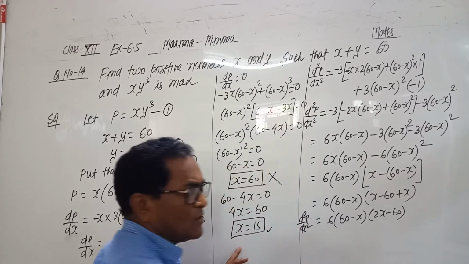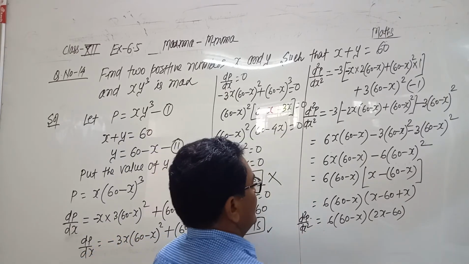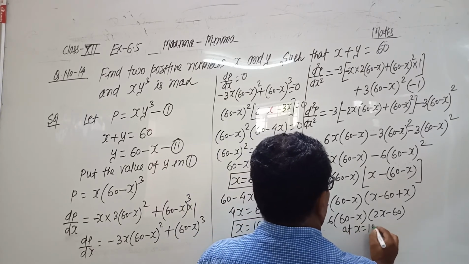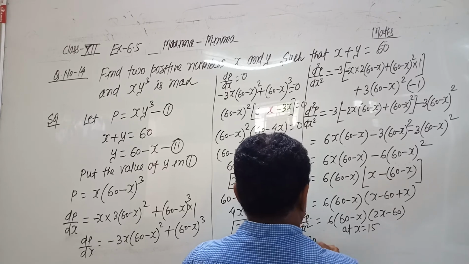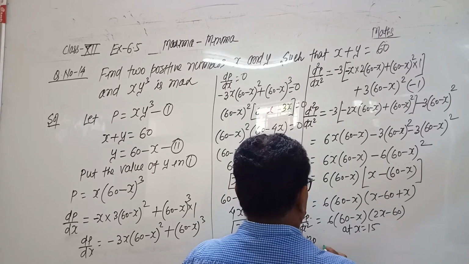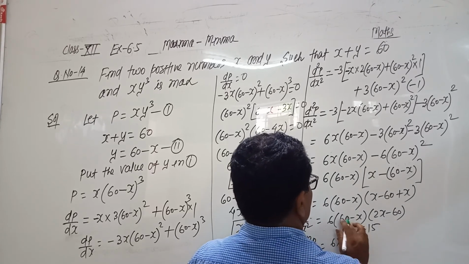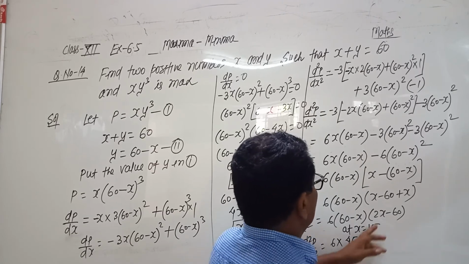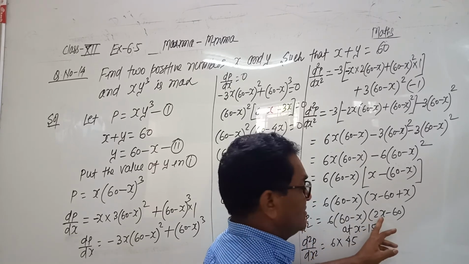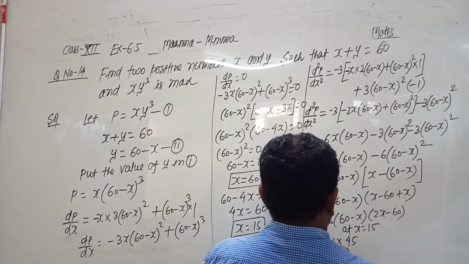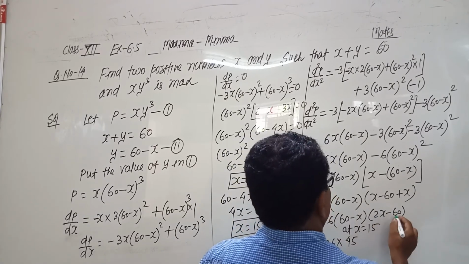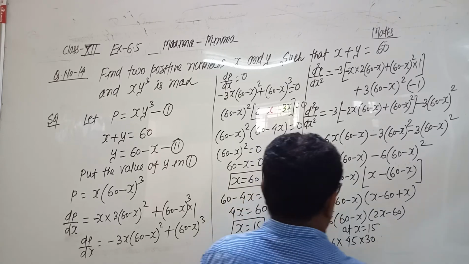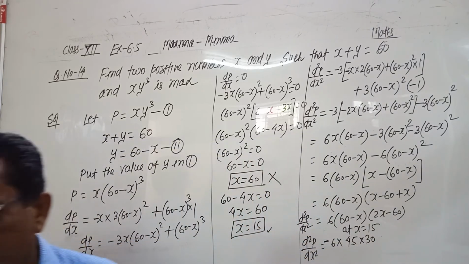Now put the value x equals 15 in the double differentiation d²P/dx². 6 into 60 minus 15, that is 45, and 2 into 15, 30. 30 minus 60, this is minus 30. So there is a minus sign outside.